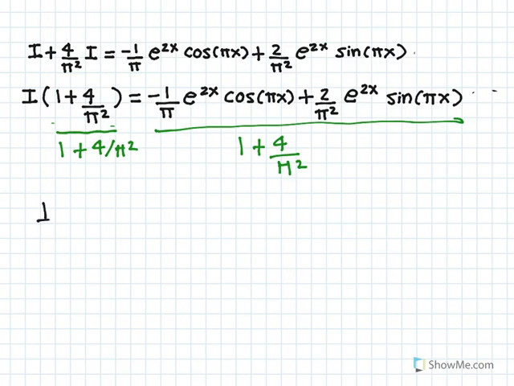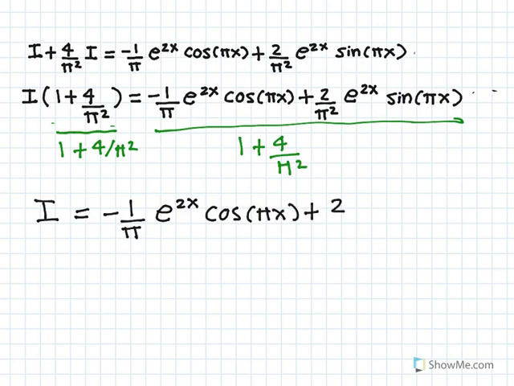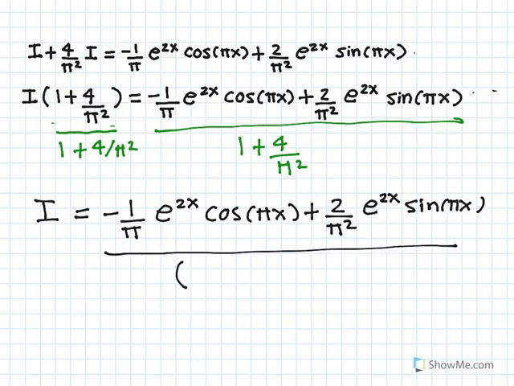So the result is I is equal to negative 1 over pi e to the 2x cosine of pi x plus 2 over pi squared e to the 2x sine of pi x, divided by 1 plus 4 over pi squared.